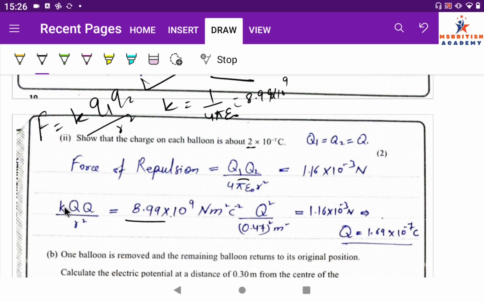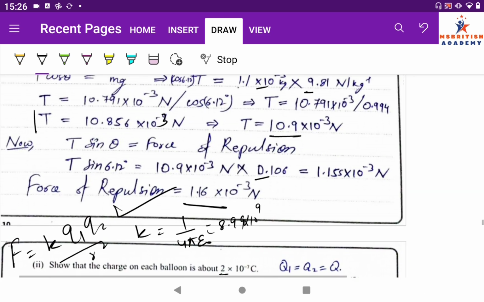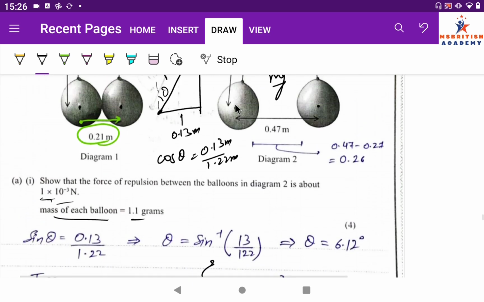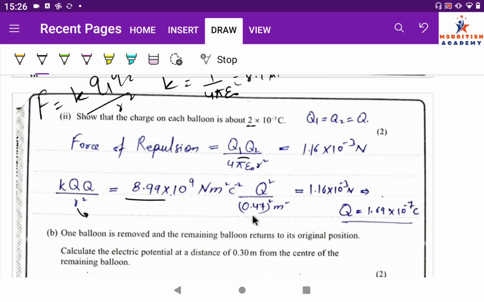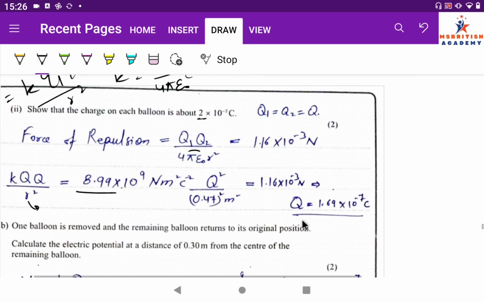So this is the value of k, and r is the distance between the two point charges, because this is a point and this is a point. After calculation we get q as 1.69 into 10 raised to minus 7 coulombs.